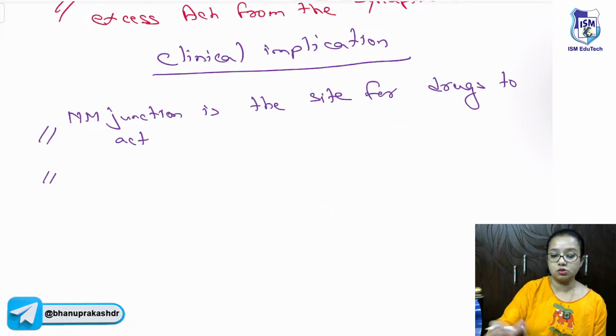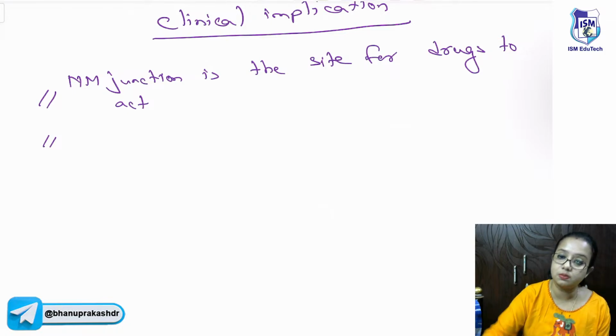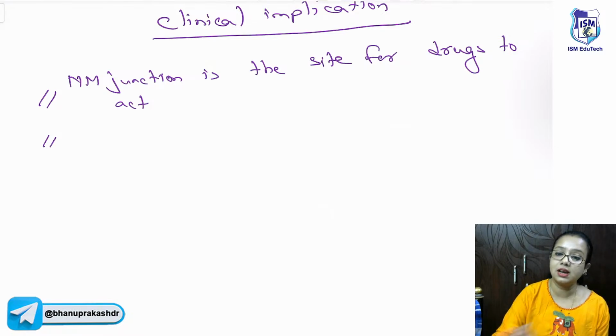Like to carry out certain surgery very quickly, sometimes we induce prolonged depolarization or we induce relaxation. So there are certain drugs that target the neuromuscular junction and cause sustained depolarization or they stop the depolarization.